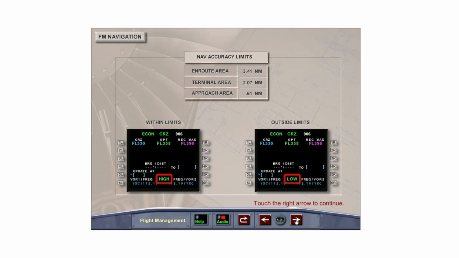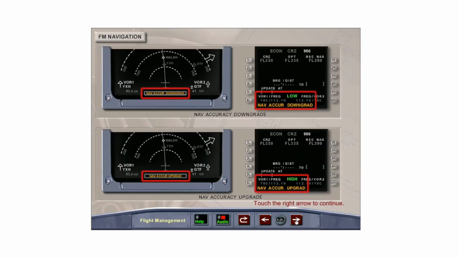If the estimated FM position error is outside these limits, then the accuracy indication is low. If the accuracy level changes from high to low, then both the Nav Display and the MCDU display the message Nav Accuracy Downgrade. Likewise, changing from low to high will generate the message Nav Accuracy Upgrade.